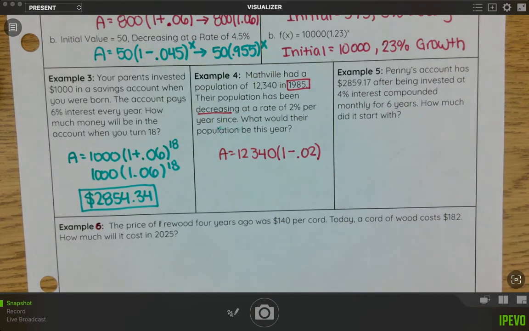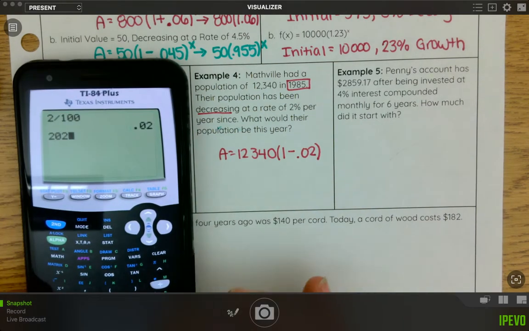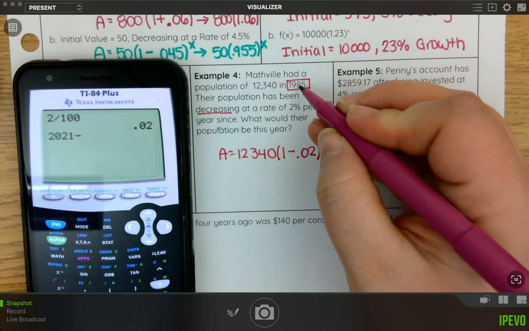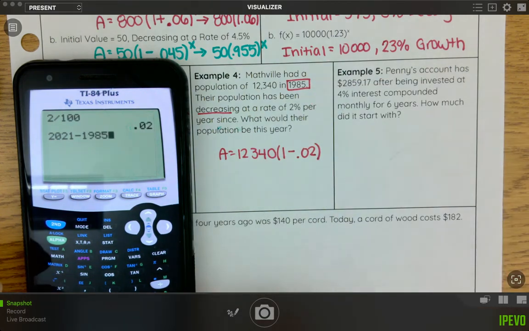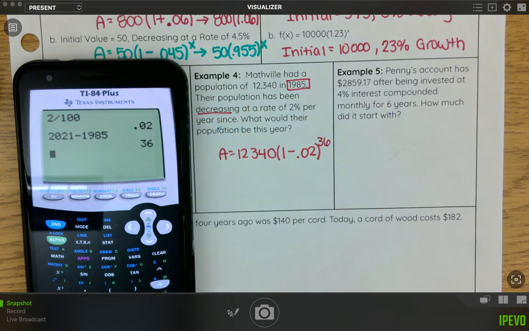And then it wants to know what the population would be this year. Well, this year is 2021. Hopefully you know that. And I'm going to subtract the original year that it started. So it's been 36 years between 1985 and this year, 2021. So when I say this year in a problem, I want you to use 2021.